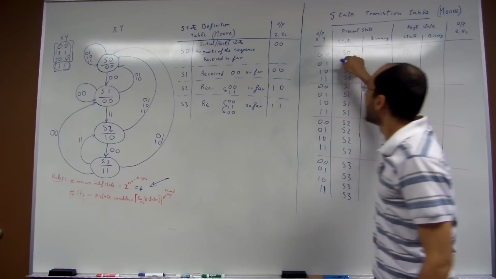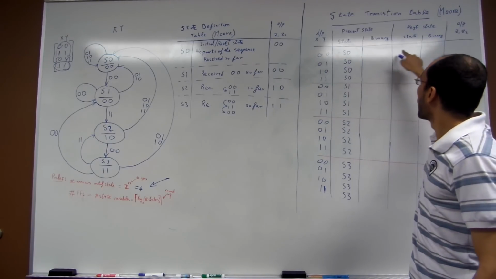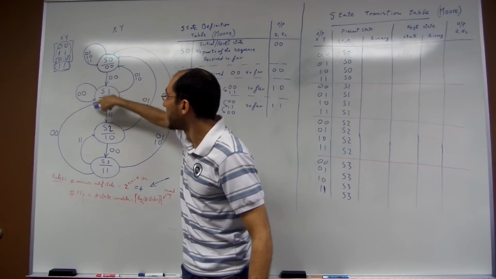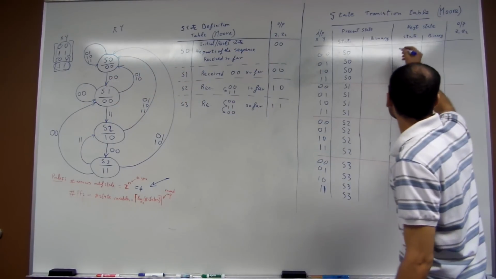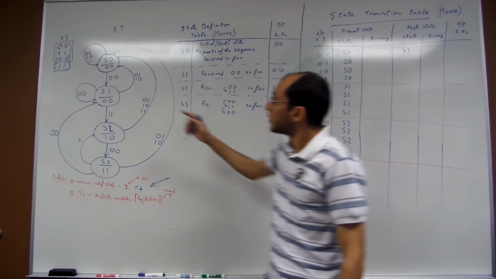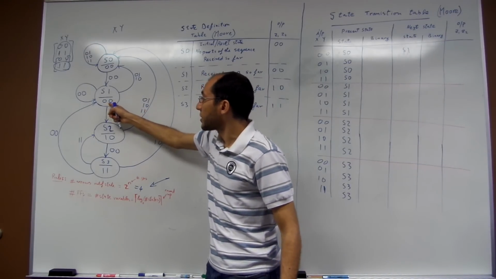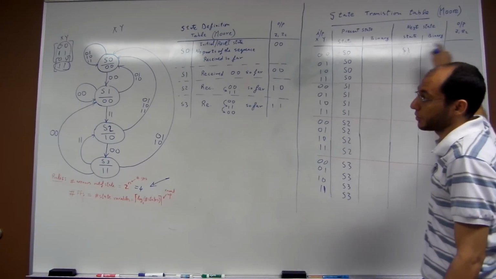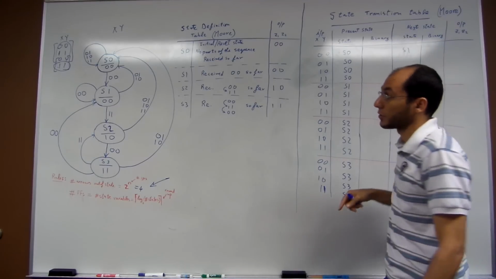S0, I have an input of 00. What is the next state? S0 with an input of 00 means that we go to state S1. So write down here S1. Remember that I do not write the output. Yes, S1 has an output of 00, but I'm not going to write down the 00 here. I'm filling in the next state first.